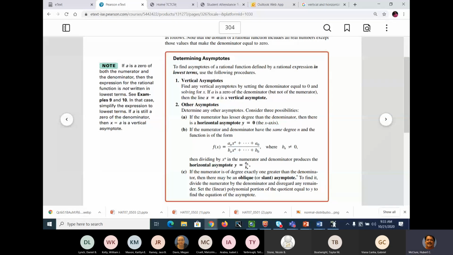And if the degree of the numerator is higher than the degree of the denominator, you use long division to find the horizontal asymptote, or in most cases, the oblique asymptote.